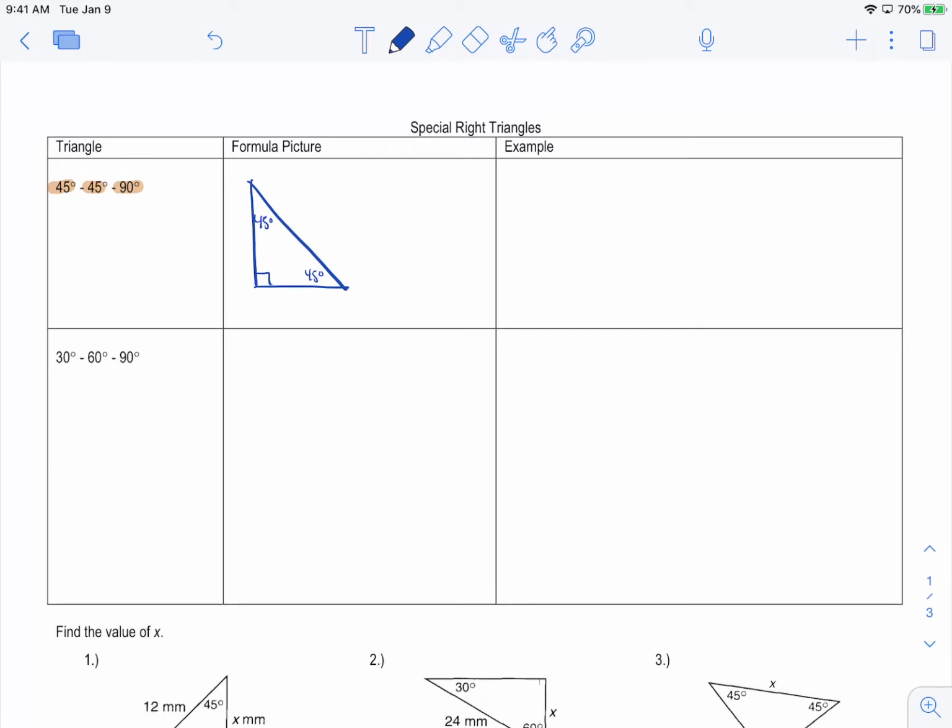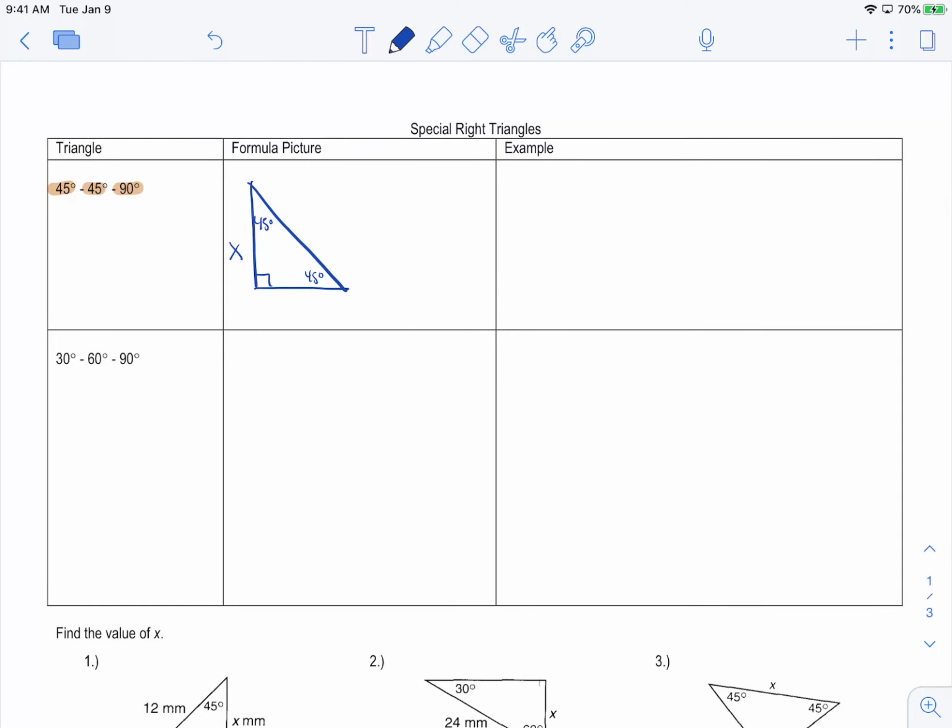And if you remember from geometry, and if you don't, that's okay, that's why I'm here, across from the same angle is the same length leg. So, I don't know what these lengths are, but if that is x, then this has to be x. Does that make sense? And then this, remember, across from your right angle is always known as your hypotenuse.